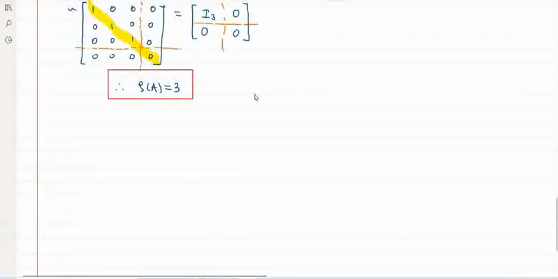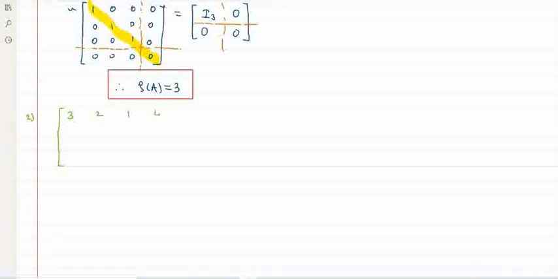Okay, I will write the second example statement. Suppose the matrix is: first row 3, 2, 1, 4. Second row minus 1, 3, 2, and 2.